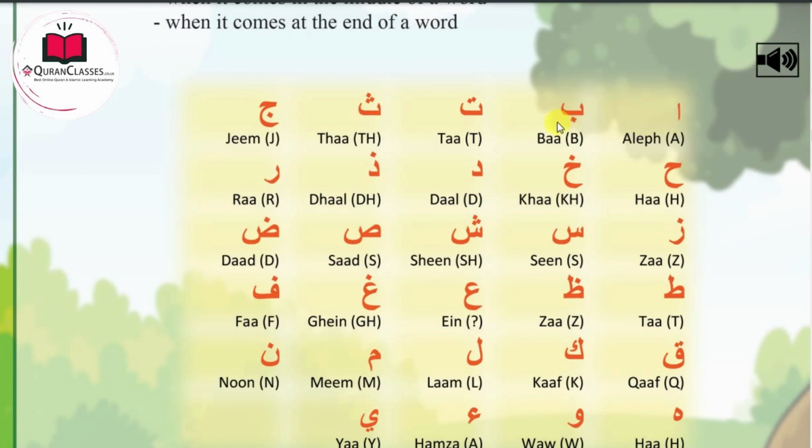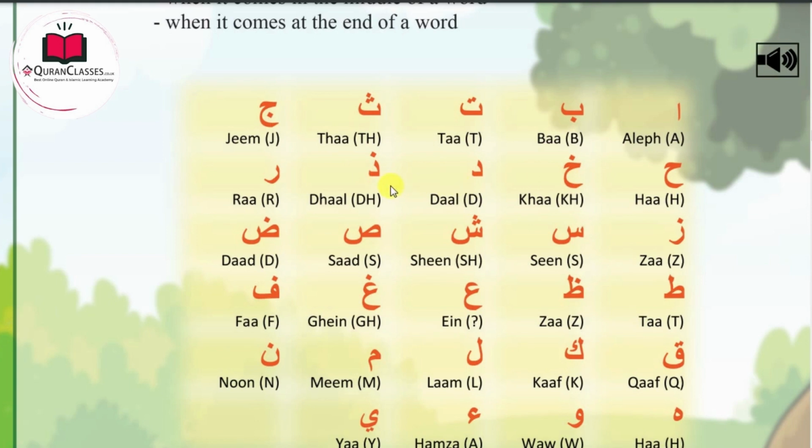After that we have Ba, then Thaa, then the fourth one, Thaa. After that we have Jeem, and after that Ha, and after that Khaa. After that we have Daal. After Daal we can see the other Daal.